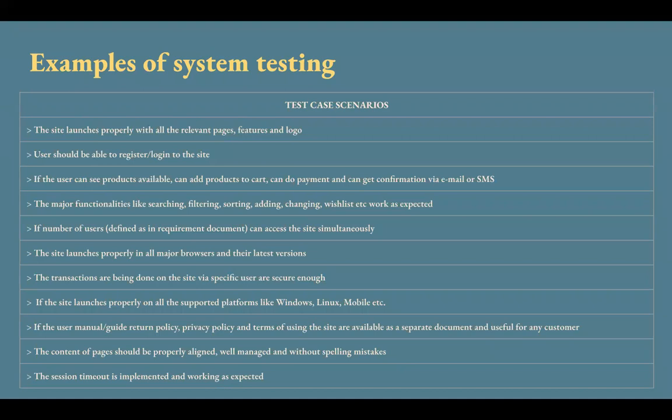The site launches properly on all the supported platforms like Windows, Linux, mobile devices, etc. The user manual or guide, return policy, privacy policy, and terms are properly available as a separate document and useful for any customer. The content of pages should be properly aligned, well managed, and without spelling mistakes. The session timeout is implemented and working as expected.